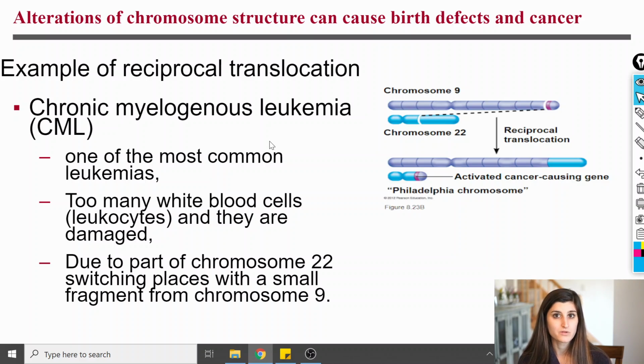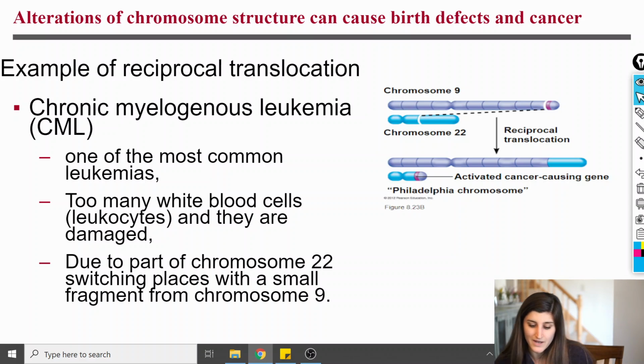Leukemia is associated with blood disorders. So in this particular case, we have chromosome number 9 and we have chromosome 22, and this piece of chromosome 9 is actually replacing chromosome number 22 at that point. And then the same thing happens with chromosome 22 replacing this section. So we can see that those traits, those genes have been swapped to different chromosomes.